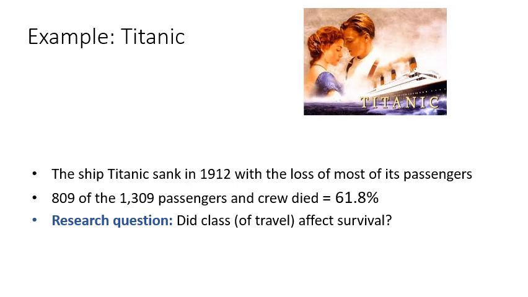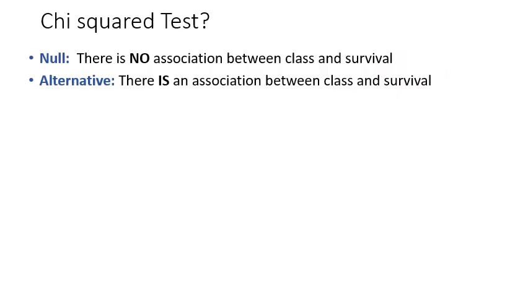The class of travel is in categories: first class, second class, third class. And survival is either you died or you survived, or that is the outcome. So it's also categorical. So that is why we are using the chi-square test.